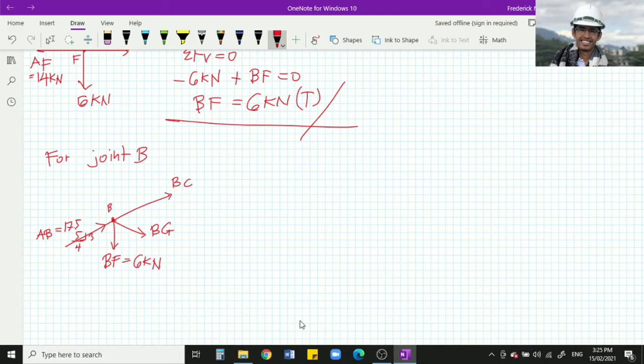So assume lang natin na tension para mas madali natin ma-solve yung ating forces. So meron tayong dalawang unknown, BC and BG. Two equations, two unknown. Okay? So summation of forces vertical is equal to 0.